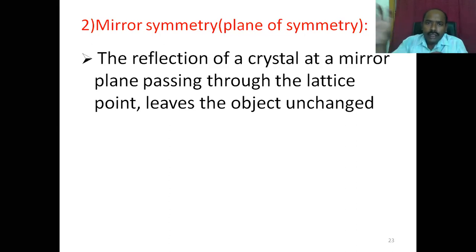If there are certain lattice points at a certain distance from the plane, you observe similar lattice points on the left-hand side at the same distance. If such a structure exists, we say that there exists mirror symmetry.